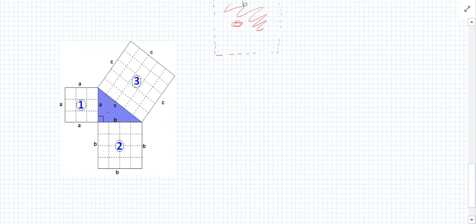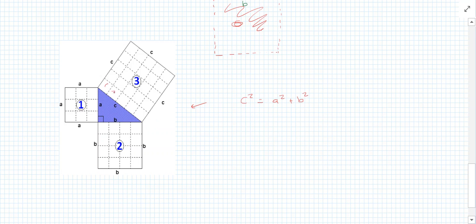Remember what Pythagoras is saying is that in relation to this diagram here, C squared is equal to A squared plus B squared. So if we think about C squared, how many boxes do we have in here?